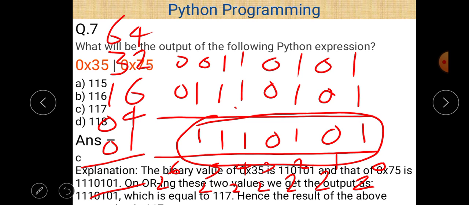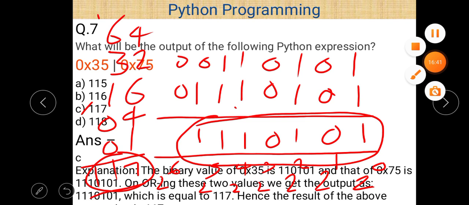So the answer is, as you can see on the screen, 7 here, 1 carry. So 11 is there. So 117 is the answer. Our answer is option C, 117.